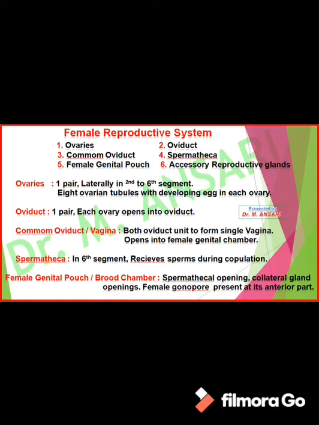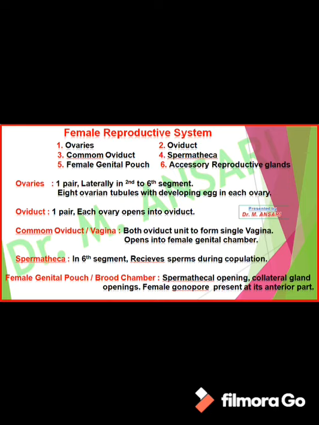One pair of ovaries is present laterally in the 2nd to 6th segments. Each ovary has 8 ovarian tubules, and in each ovarian tubule, eggs in different developmental stages are present. The ovarian tubules of one ovary collectively unite and open into the oviduct.